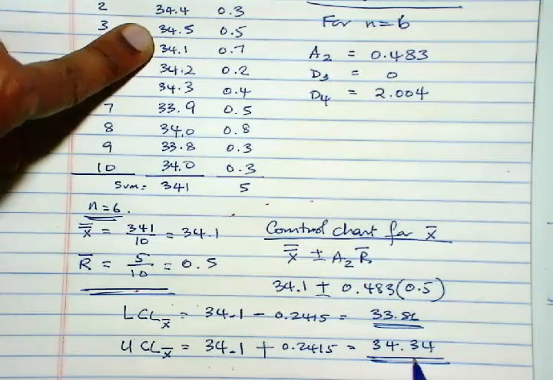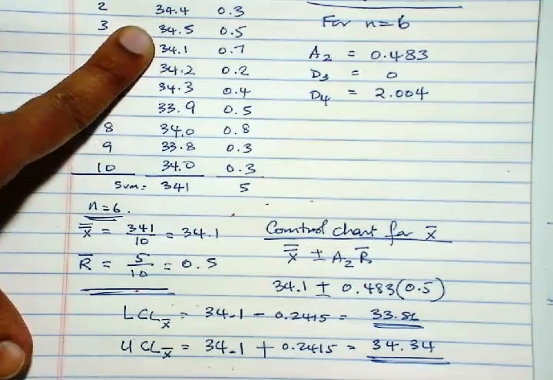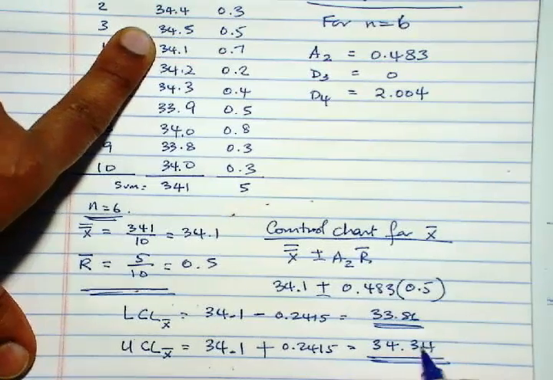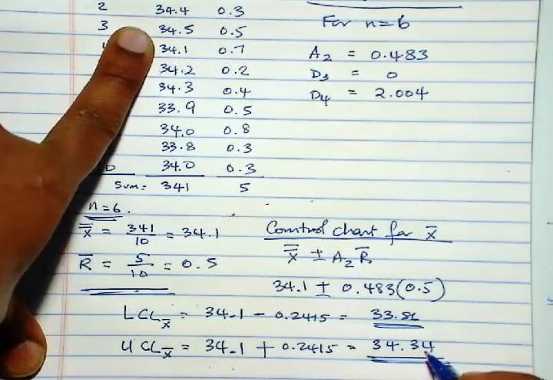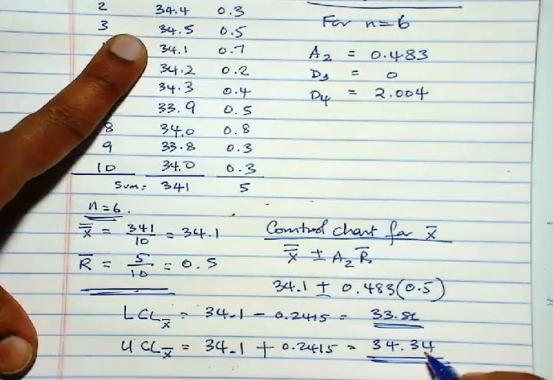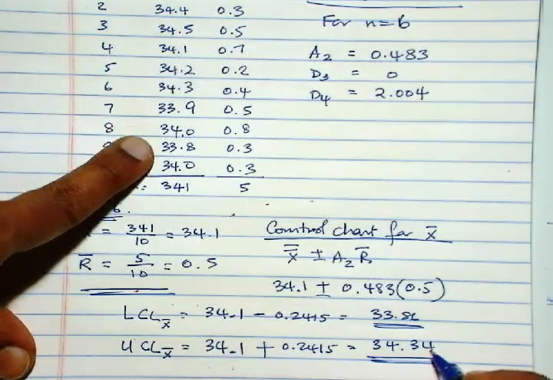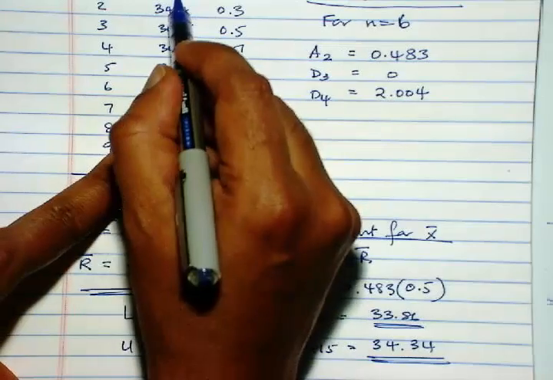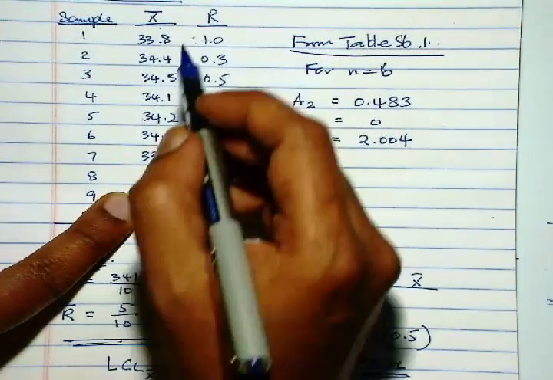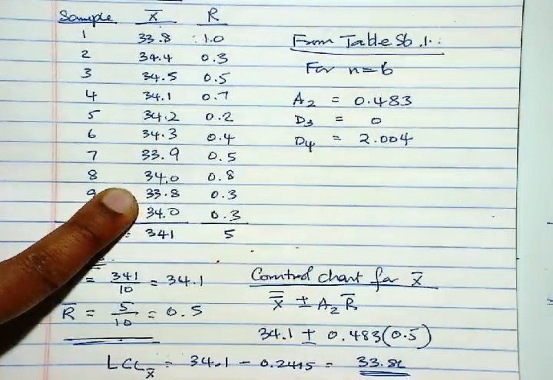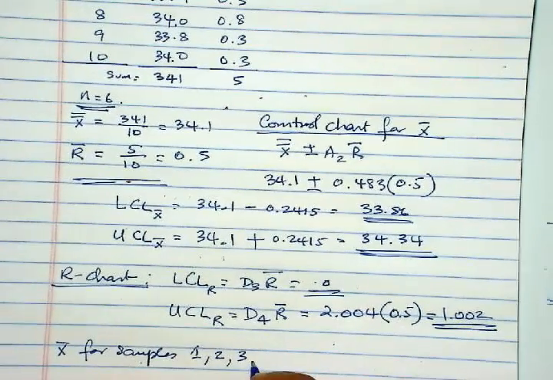Third one is above the upper limit. So 1, 2, 3. And then the rest of them are okay, except here again, like the first one, the first 33.8, this is again outside.